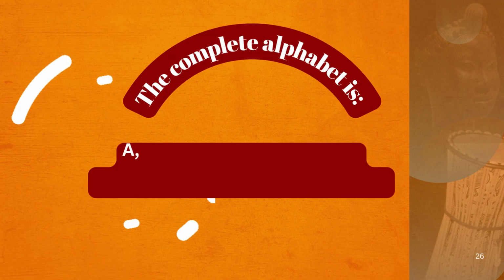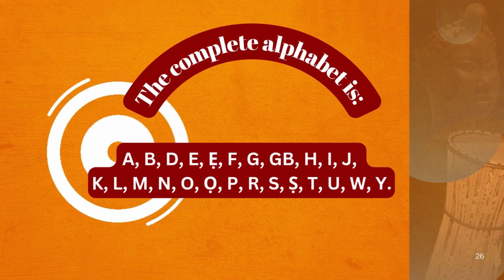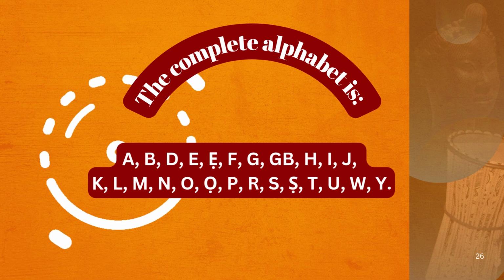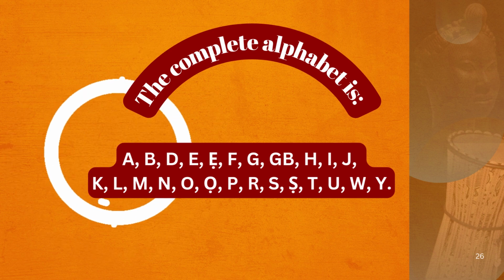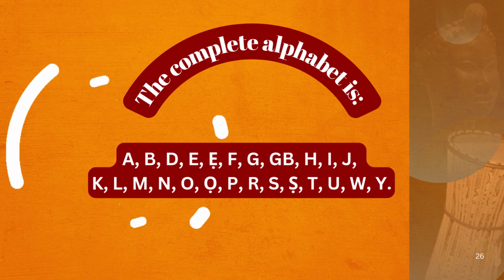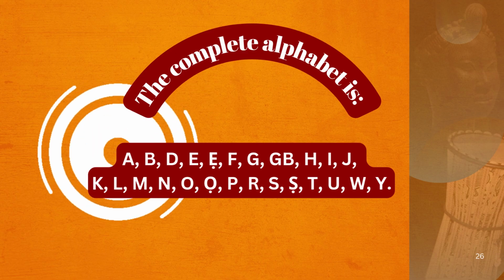A, B, D, E, F, G, Gb, I, J, K, L, M, N, O, P, R, S, Ṣ, T, U, W, Y. Ẹ máa bá wa ká lọ.